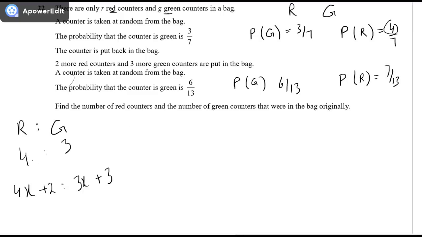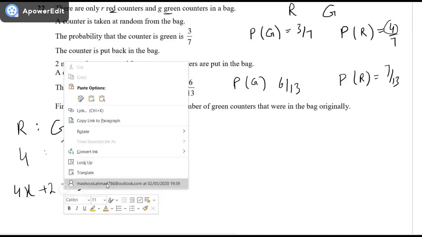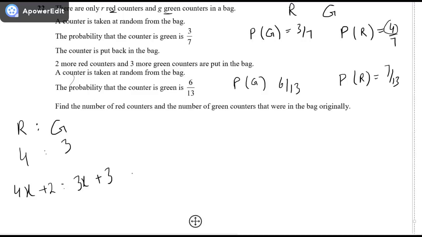Okay, so this ratio is going to be equal to 7 to 6. Makes sense, because this is the probability of red, which is 7, we got from here, and this ratio 6 we got from here, so these both are equal. Now we've got an equation, we can solve this one.